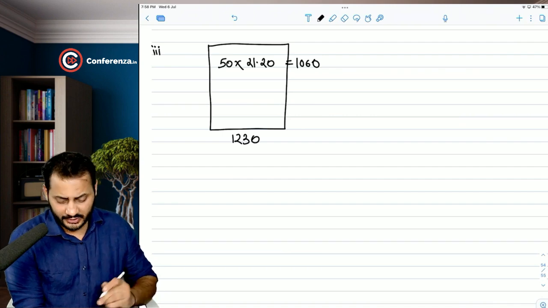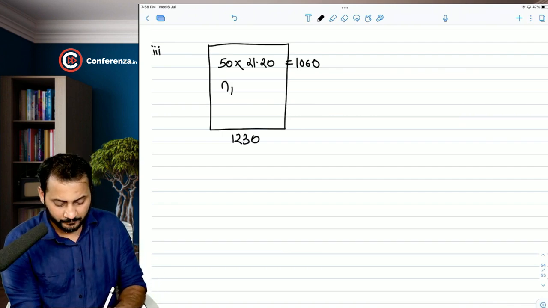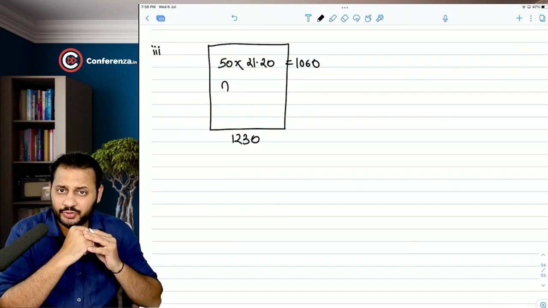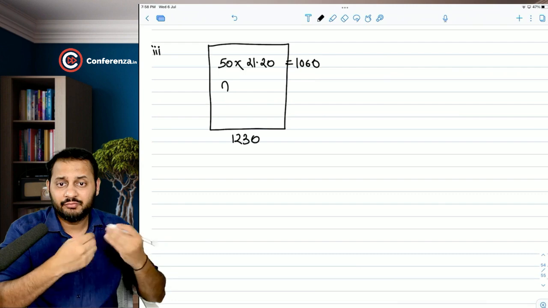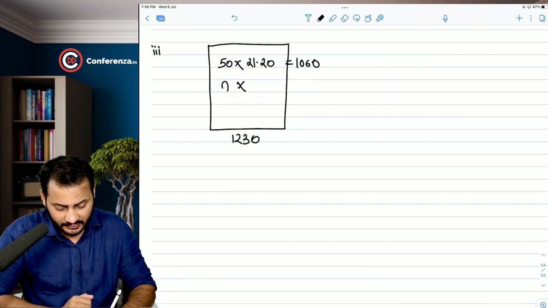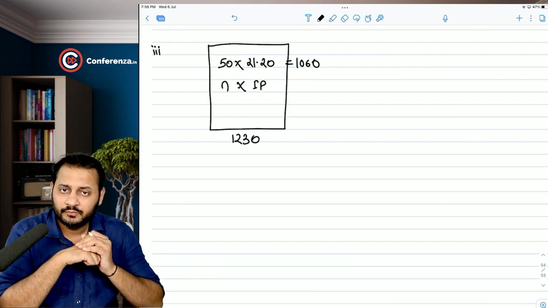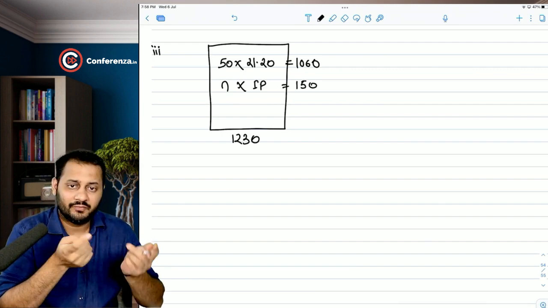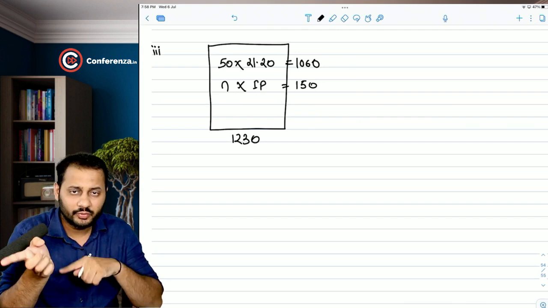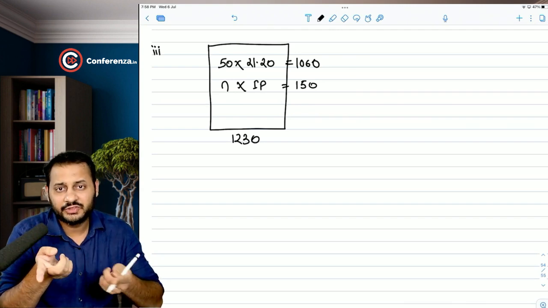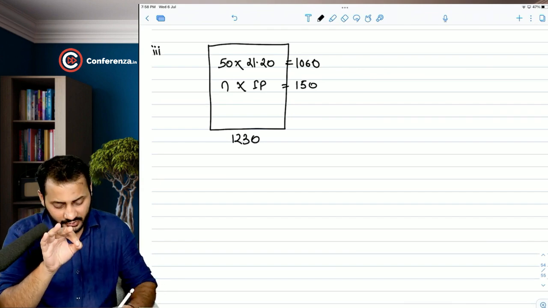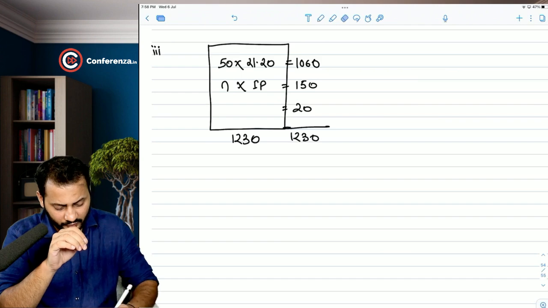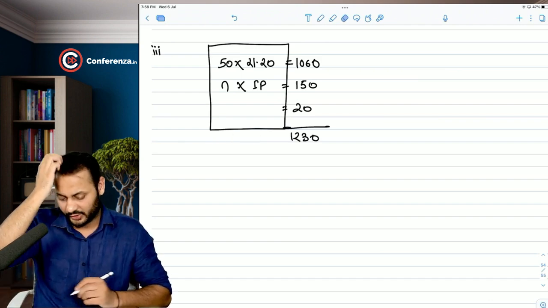Now we are going to add new shares, let's say N. We will issue new shares to the public at some price, which we will call the issue price. Through this, they are going to contribute 150 crore. We are going to invest that 150 crore, which will add 20 crore in the NPV. So this 20 crore will be added, and this way the market value of the company will become 1230 crore. Do you agree?